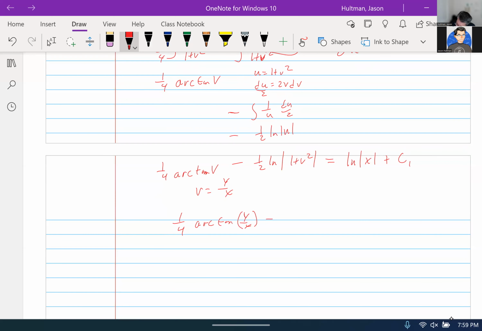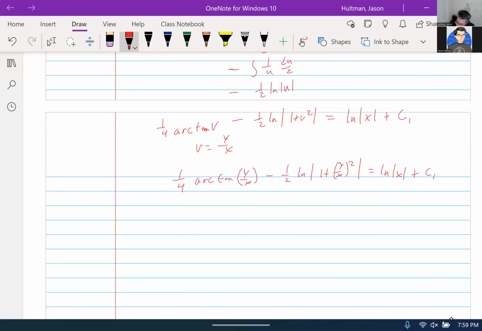Okay, minus 1/2 times the natural log of 1 plus y squared over x squared, y over x, but we won't skip steps. Y over x squared is equal to natural log of x plus c1.